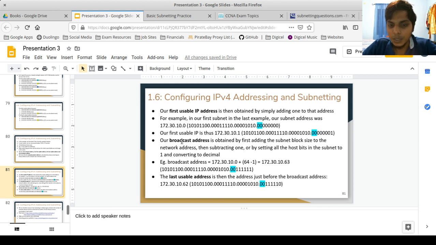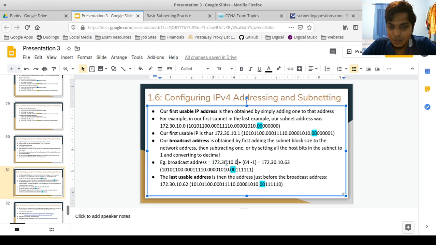And our broadcast address is obtained by first adding the subnet block size to the network address, then subtracting 1, or by setting all the host bits in the subnet to 1 and converting to decimal. First I'll show you the kind of weird shortcut way that a lot of people will show you. You take the decimal version, this is our network address.